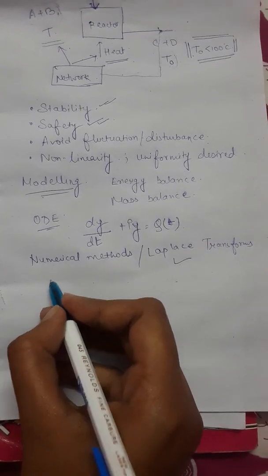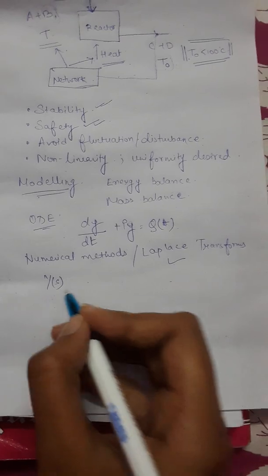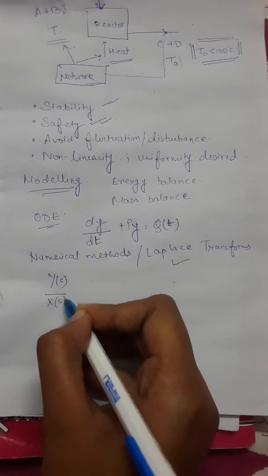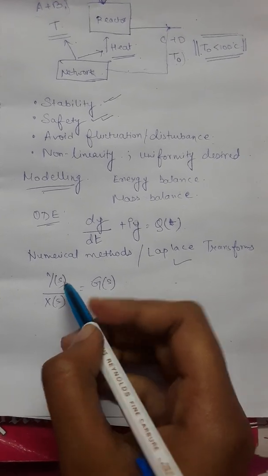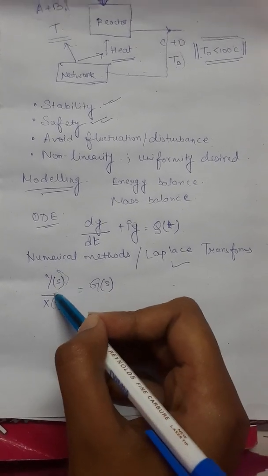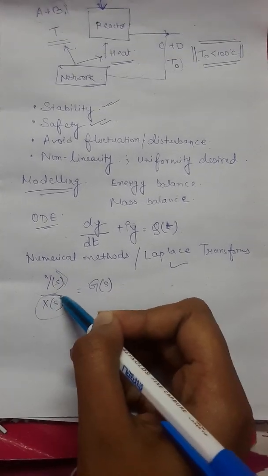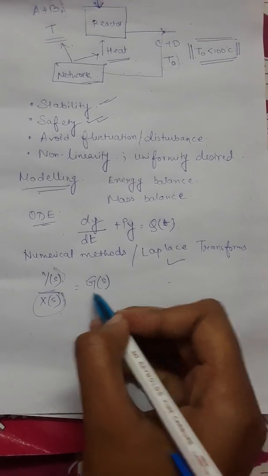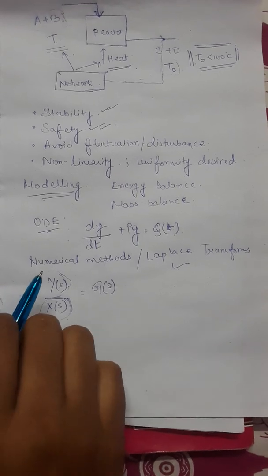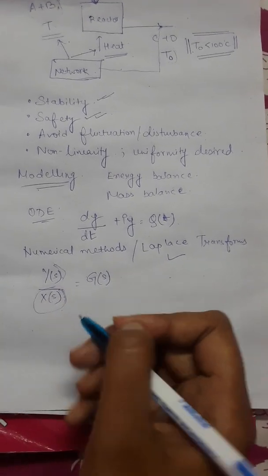What happens here is we express it as a transfer function represented by G(s). Y(s) is the output and X(s) is whatever is fed or input into the system, and G(s) is the transfer function, which is the representation of this system.